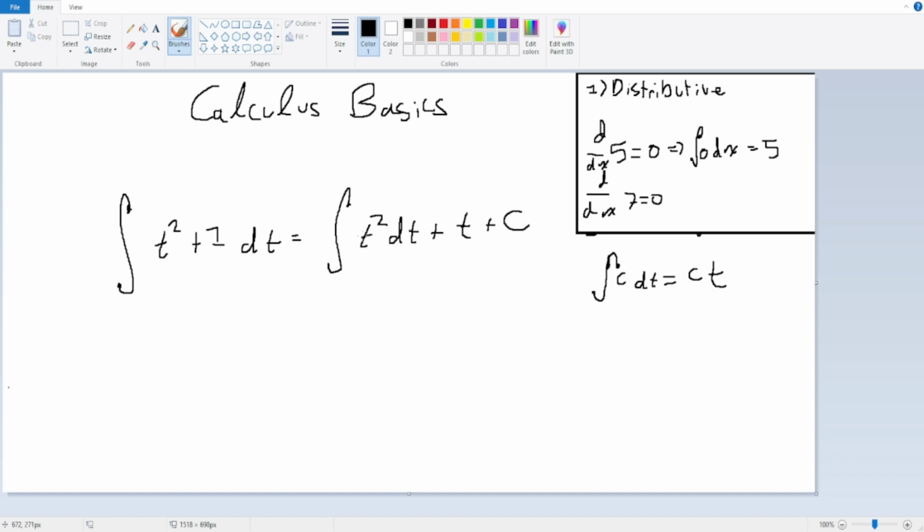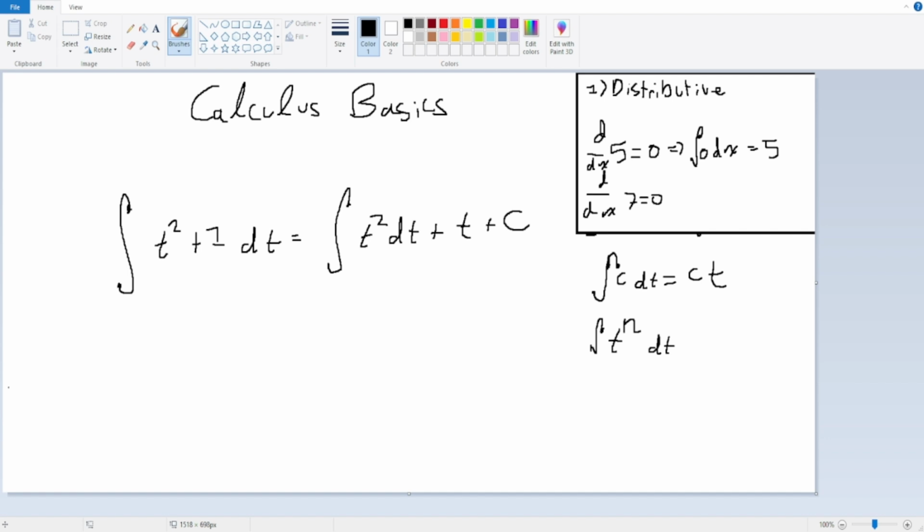Now, in order to do this, we're going to learn the inverse power rule. It's just like the power rule you just learned, but in inverse. So, say you have the integral of the parameter raised to any power. This power could be negative. This power could be... let me look something up real quick.